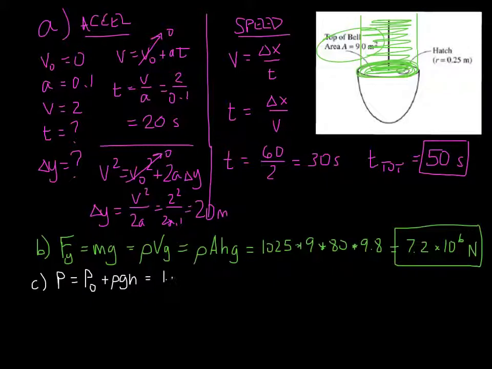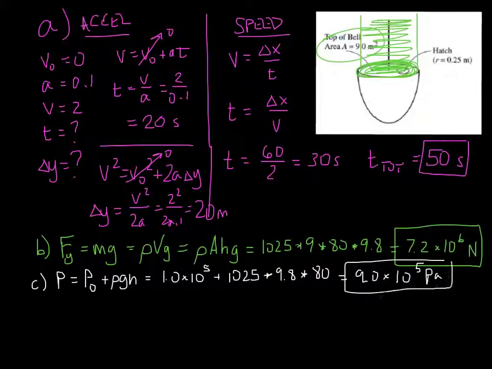Atmospheric pressure, you can just plug in 1 times 10 to the 5th, plus the density of seawater, 1025, times g, times the height, 80, and that gives you an absolute pressure of 9.0 times 10 to the 5th pascals.